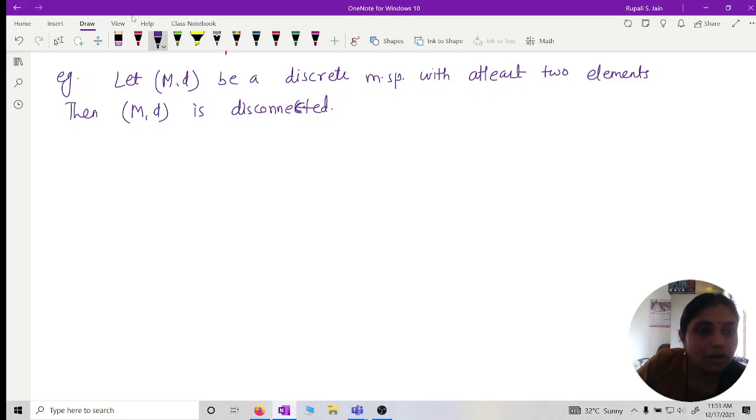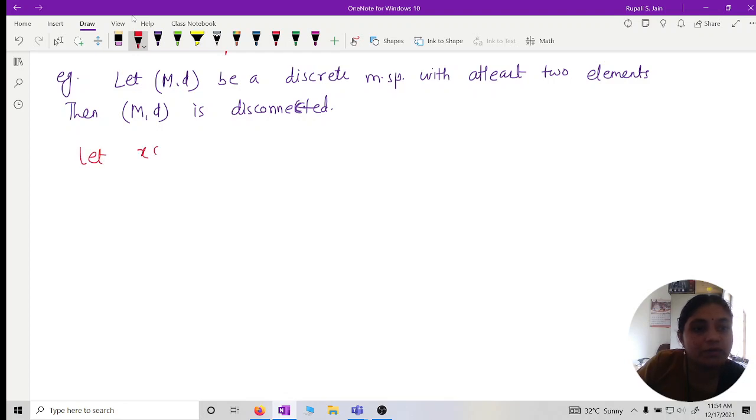Then (M, d) is disconnected. So how can we prove that it is disconnected? If we can find A and B, two non-empty disjoint open sets such that M is equal to A union B. So how can we write that set?